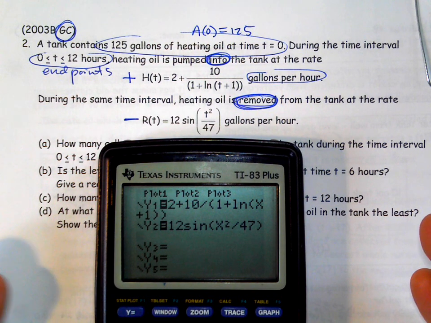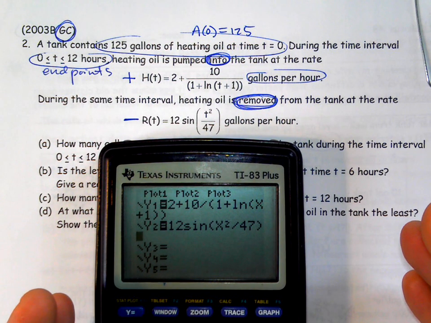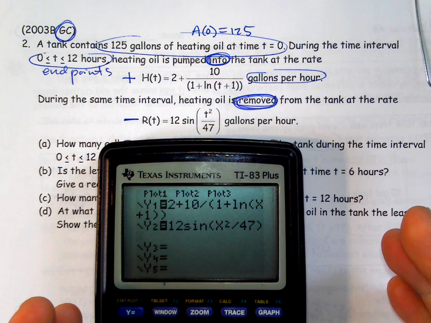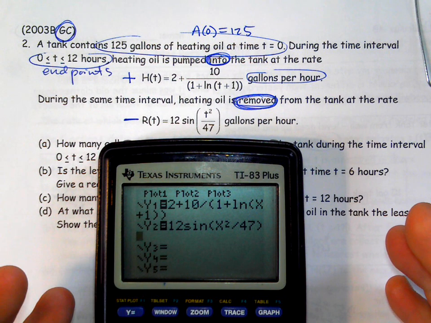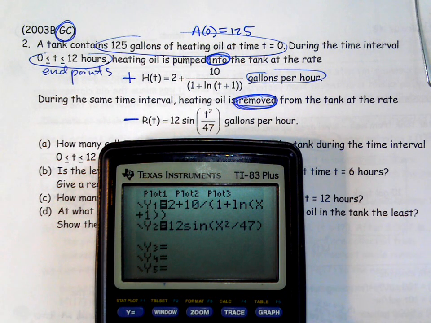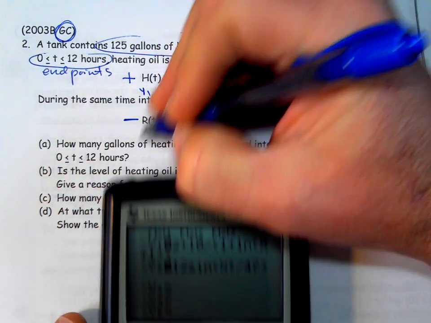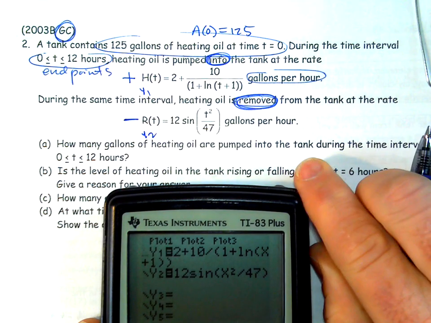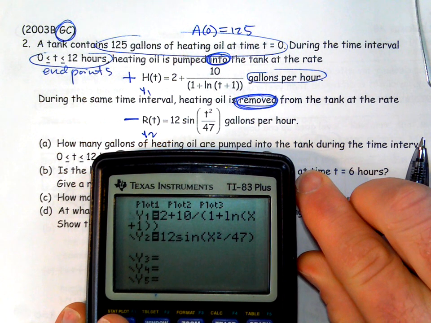Now we could go ahead and graph these if you want. I usually won't graph them, okay? But you could graph them, and you could get a graph like the one we did on the front. Now to help the graphs to be more readable, you might put Y1 here as a note to yourself and Y2 as a note to yourself there so you remember which ones are which.